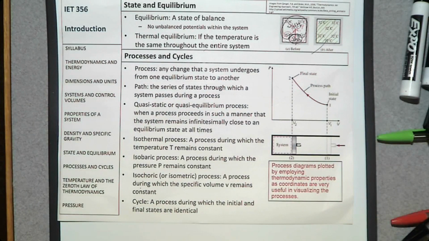And a cycle means you have multiple processes. So initial state, state number 2, state number 3, state number 4. After multiple processes, if the final state is the same as the initial state, we say it's a cycle. Okay? Of course, when we go to chapters 3 and 4, we are going to solve many constant temperature processes, constant pressure processes, constant volume processes.